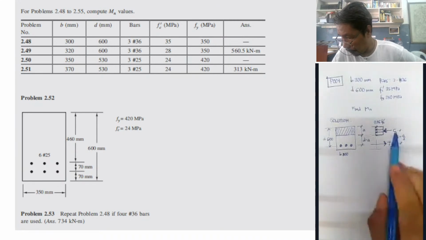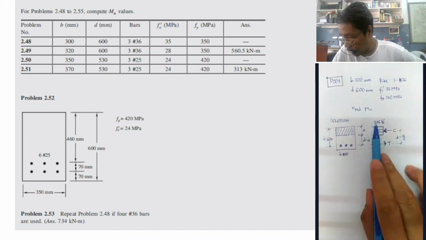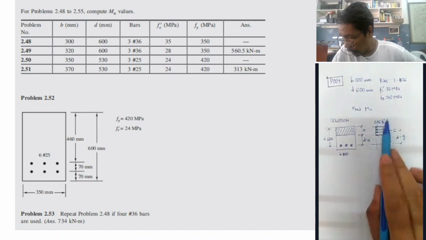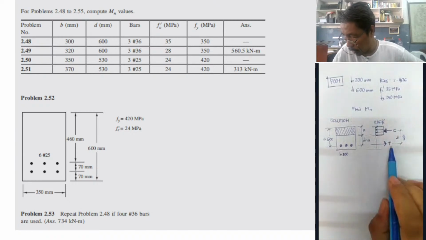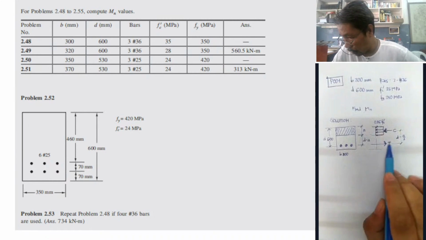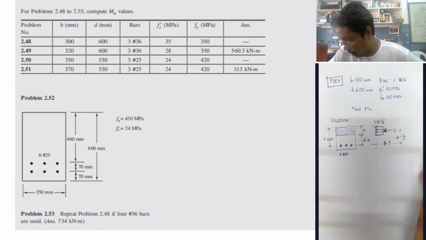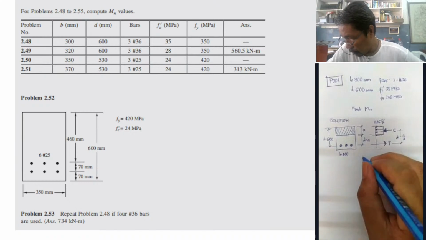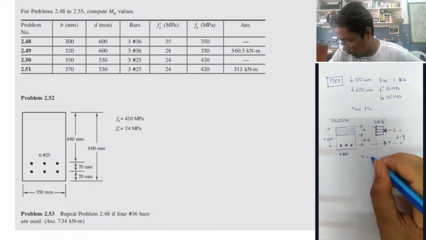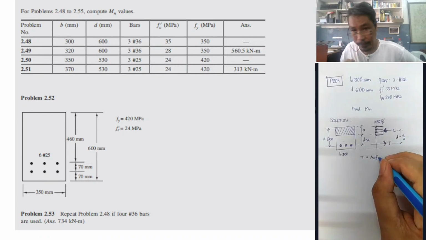So therefore, the total force C is equal to the total force T, we can equate them to each other. For T, this is just the total area of the steel multiplied by Fy.